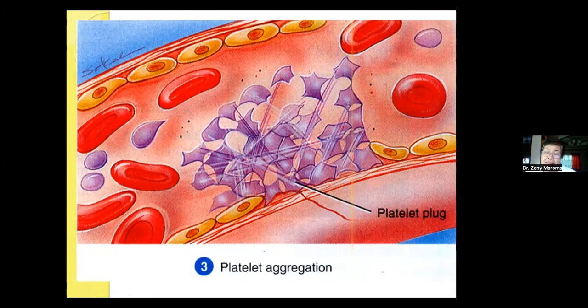This will now initiate the blood clotting cascade. Here, aspirin takes effect. Here, our Plavix, clopidogrel, takes effect: anti-platelet aggregation.